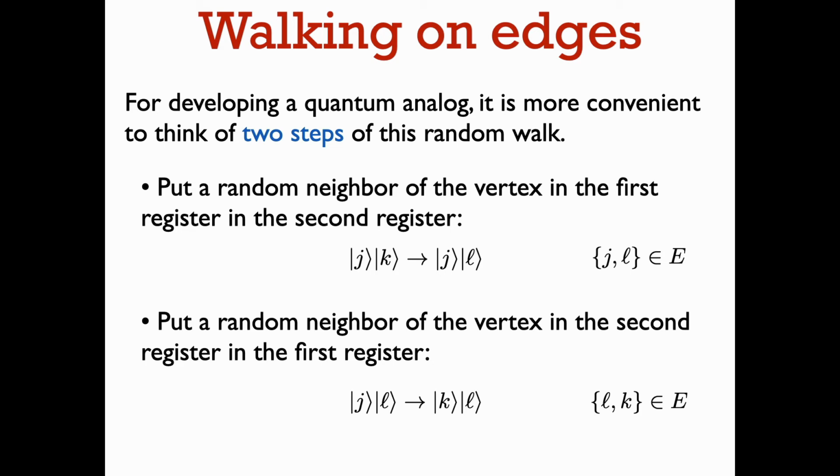It turns out that to develop a quantum analog, it is easier to combine two steps of the walk together. So we first put a random neighbor of the vertex in the first register into the second register, and then we put a random neighbor of the vertex in the second register into the first register. So this is now the notion of a classical random walk that we want to quantize.